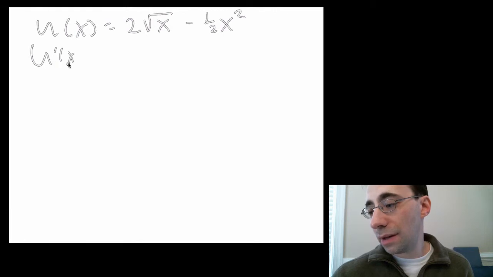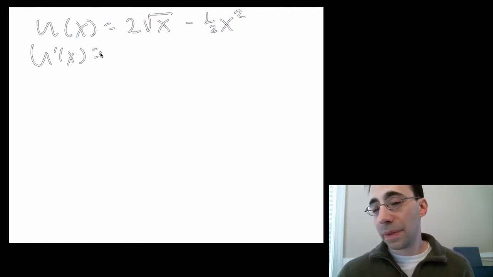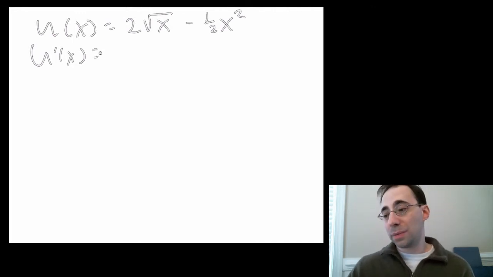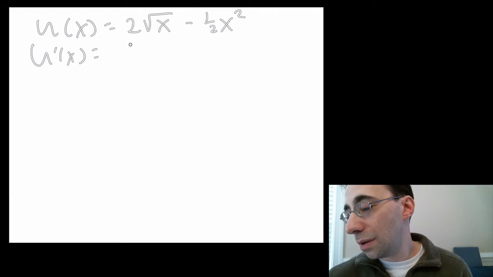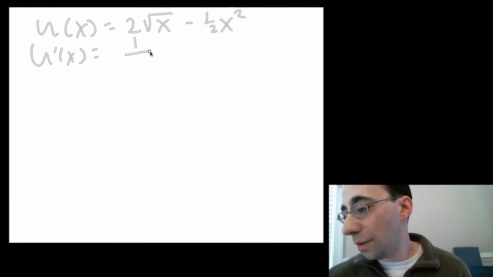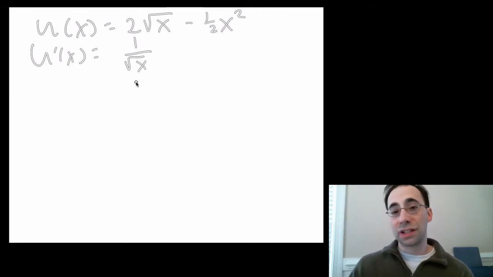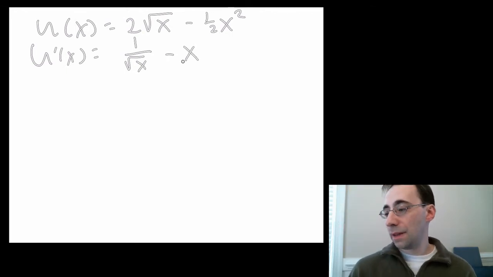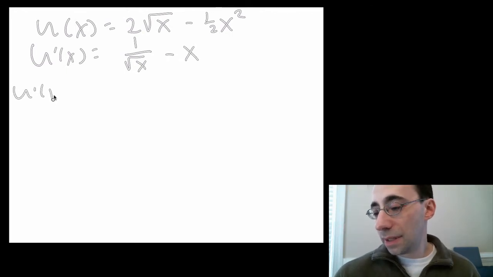Okay, again. Now, the square root of x is x to the 1/2. So you pull down a half and subtract 1 from the exponent. The 2 and the 1/2 cancel, so you get 1 over the square root of x. That's x to the -1/2, which is 1/2 minus 1. This thing remains x. Next step, set it equal to 0.